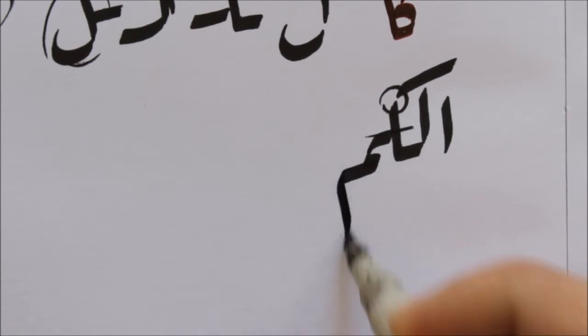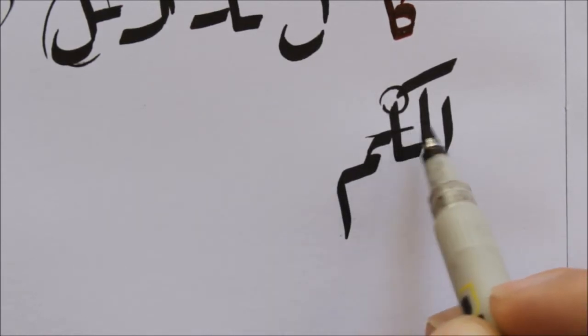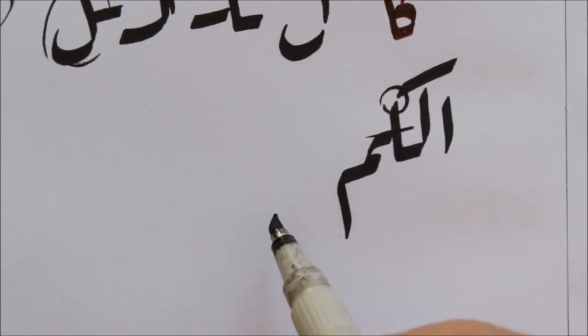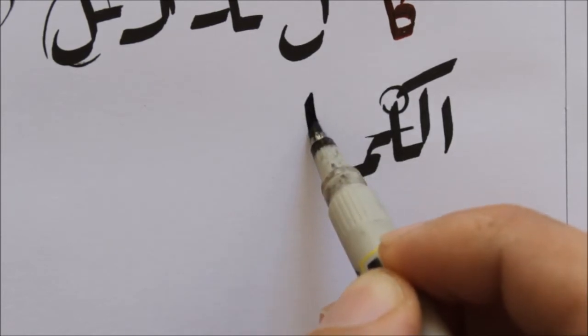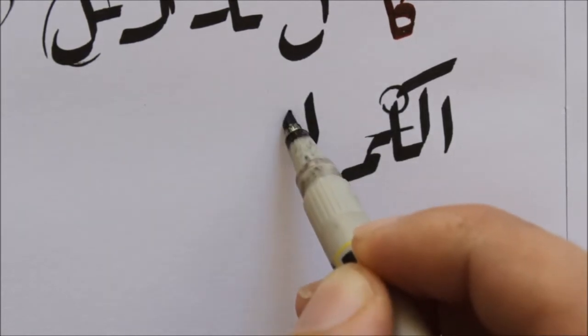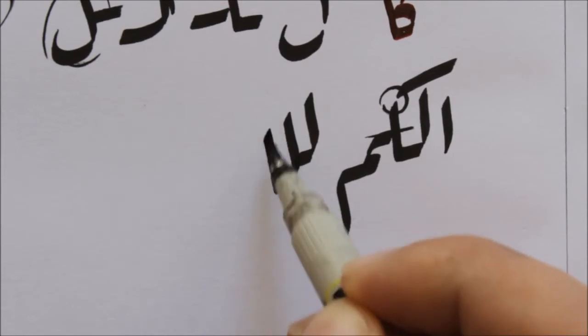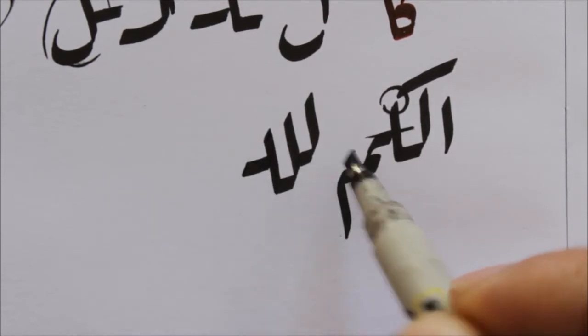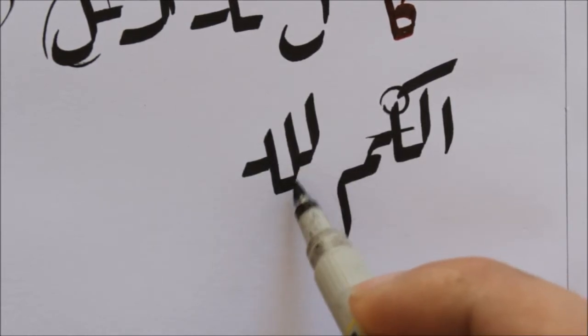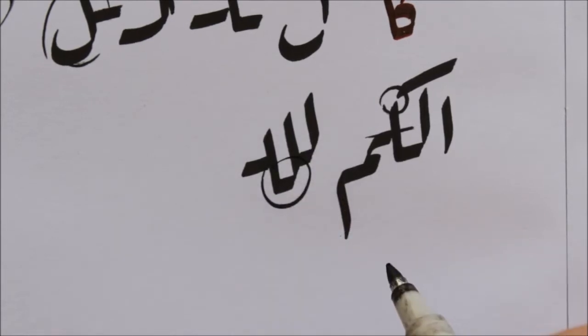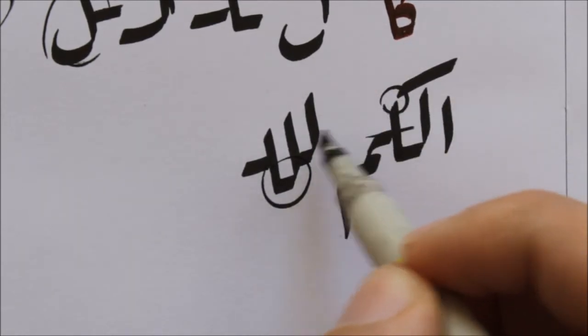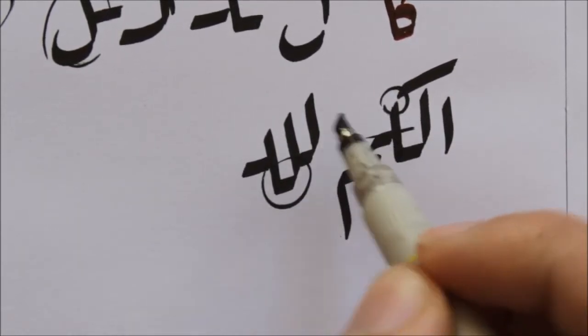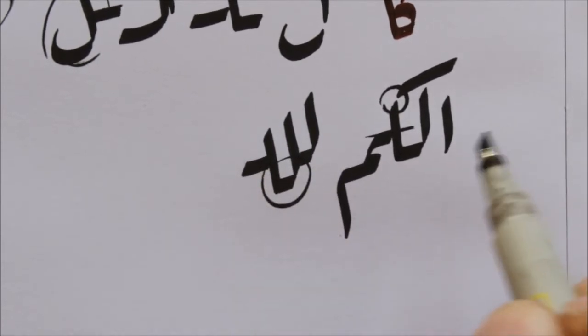Al-kam, the amount. You don't start from here. Also, if you had 3 Lams, for example, this is how they connect. So you sort of drop this part down. But of course these are Lams, not a Kaf. This could be a Kaf.